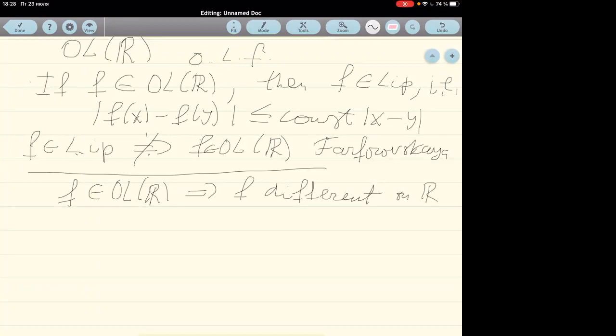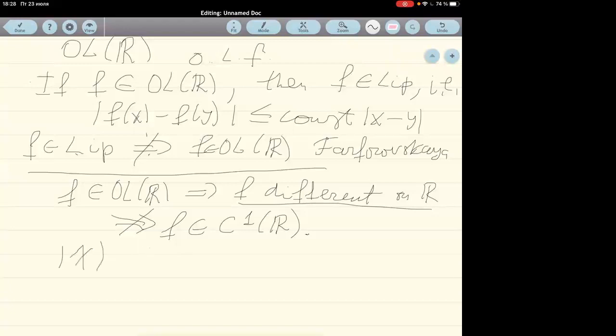However, it is not true that f must be continuously differentiable. And in particular, it follows from the differentiability that the function modulus x is not operator Lipschitz.